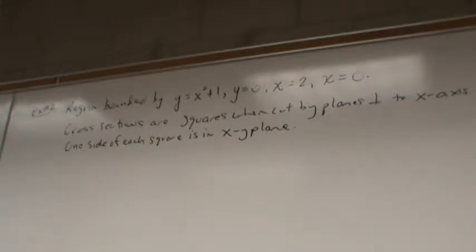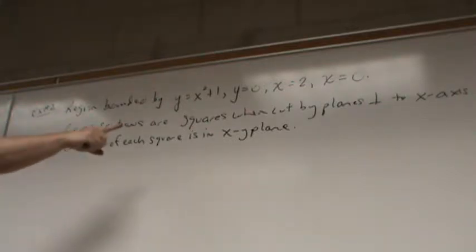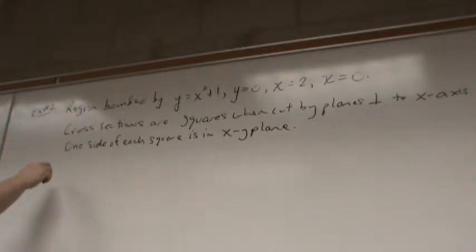I'm going to make the drawing and then have you guys do the calculus. Because y equals 0 and x equals 0 are my boundaries, I'm going to be in the first quadrant. Okay.